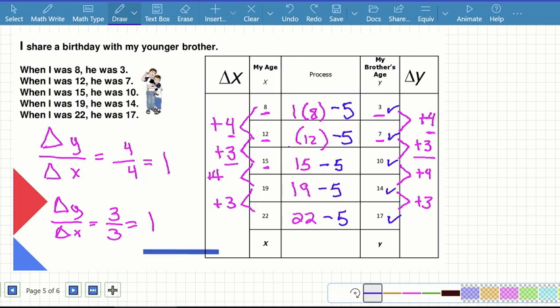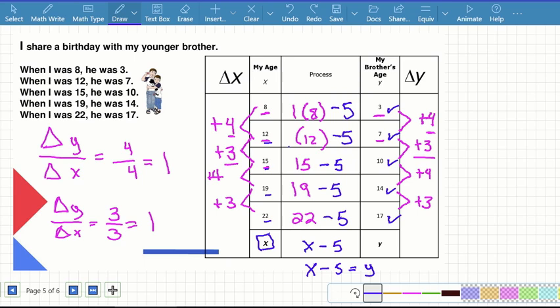So my pattern holds through the entire table so far. If I replace the values in the x column with just an x, I would rewrite that as x minus 5, and that does equal my y value. So as an equation, it would simply be x minus 5 equals y.